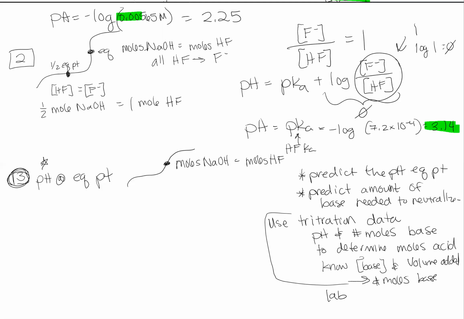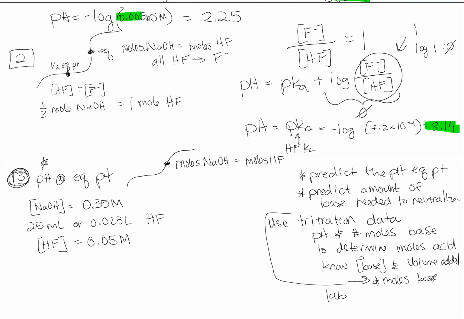We know that our concentration of our NaOH is equal to 0.35 molar. And we know that we have 25 milliliters, or 0.025 liters, of our hydrofluoric acid, and that our concentration of hydrofluoric acid is about 0.05 molar.